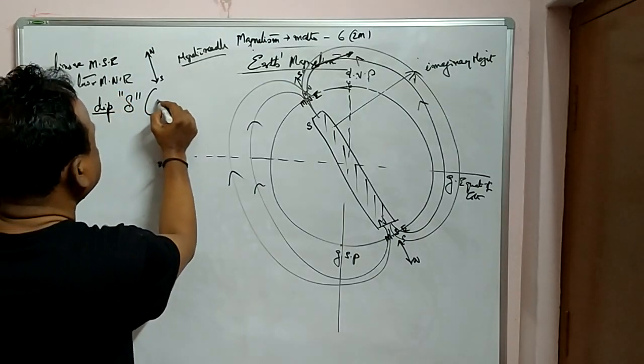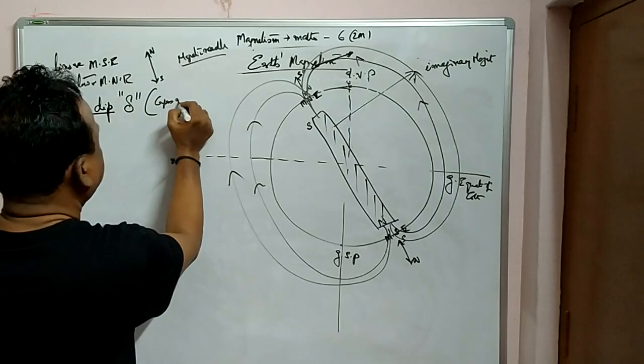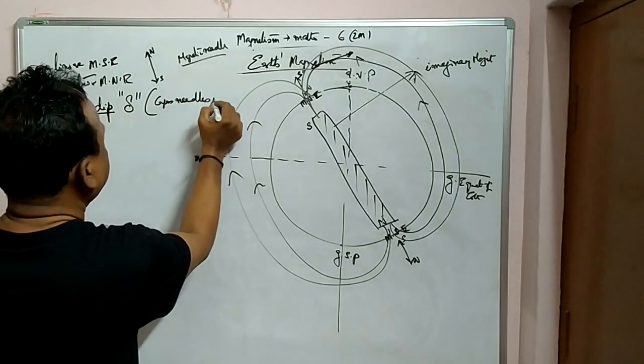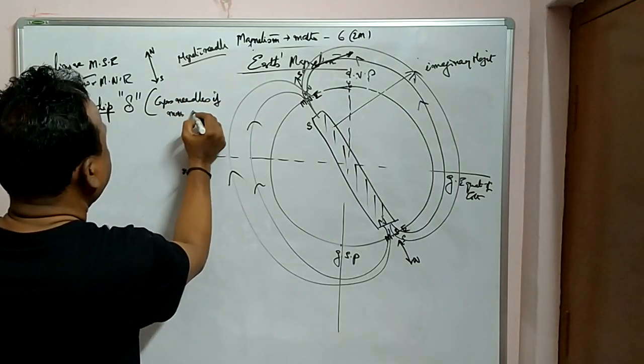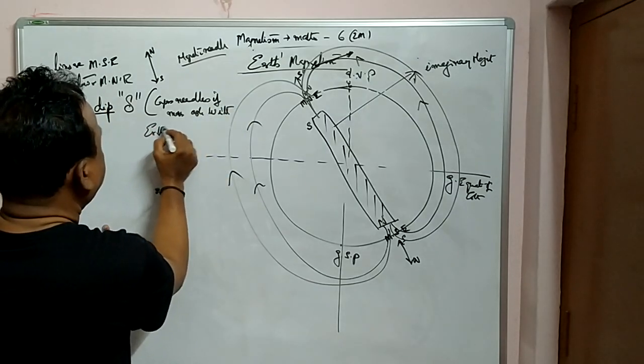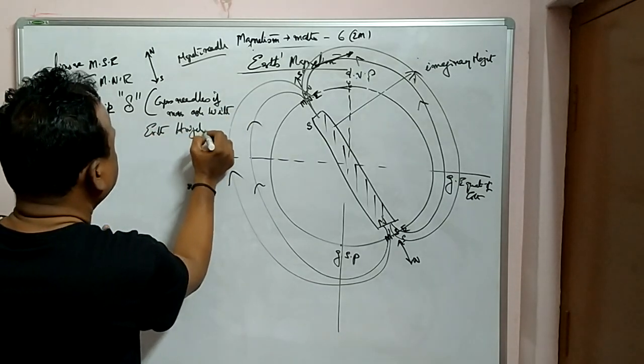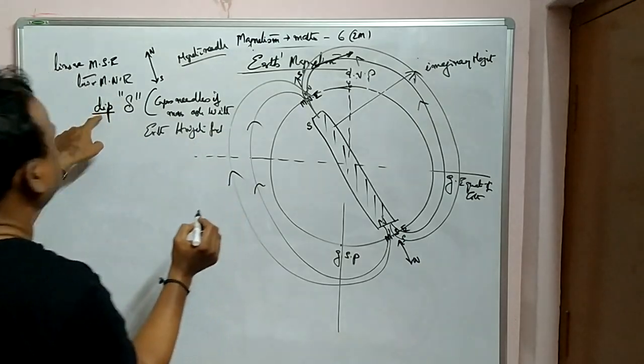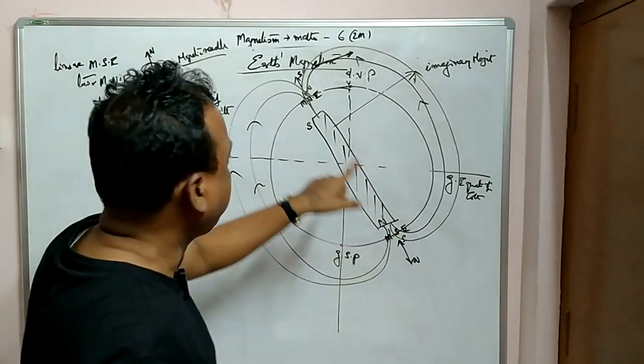If the compass needle makes an angle with the Earth's horizontal field, that is called a dip. And please observe one more thing here.